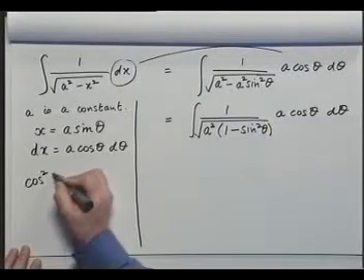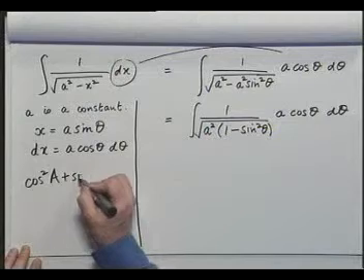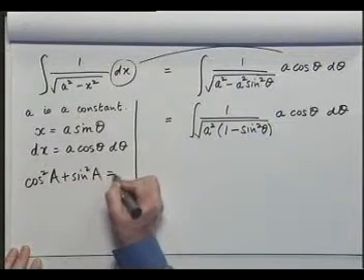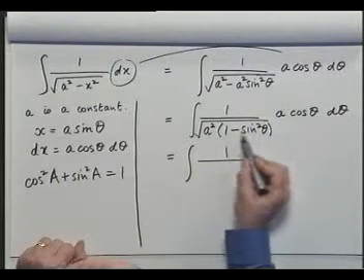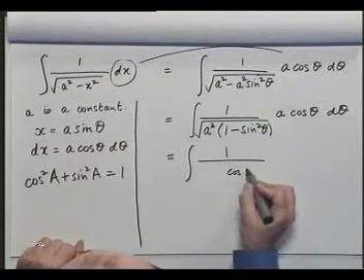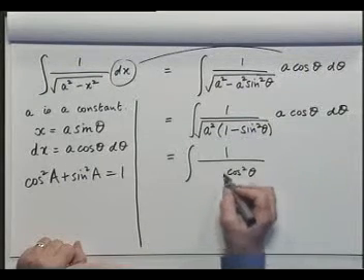Now let me remind you, there's a trig identity which says that the cosine squared of an angle plus the sine squared of an angle is always 1. So if we have 1 minus the sine squared of an angle, we can replace it with cosine squared. So 1 minus sine squared theta we can replace with simply cosine squared theta.